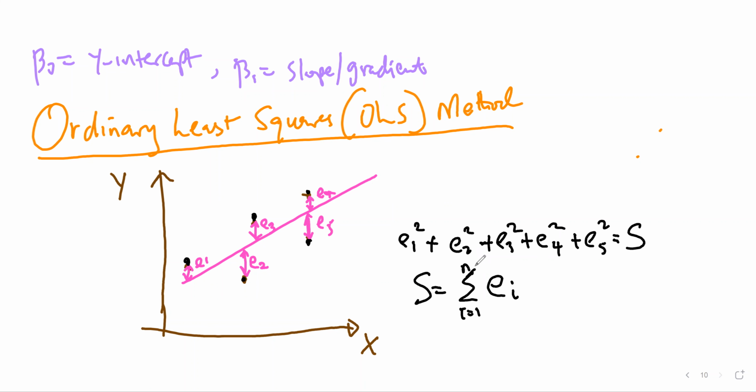So we need a line which minimizes this function here, such that when you sum this, you get the smallest possible number. In other words, you minimize this function here. We need a line which passes through the points in such a way that S is minimum.